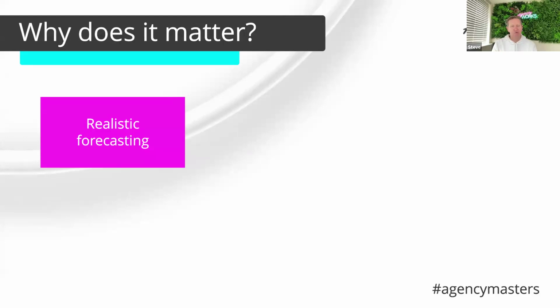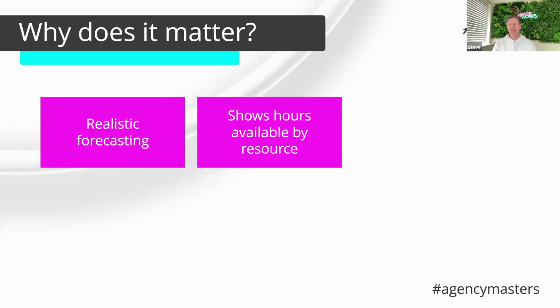Whether that's forecasting for income, capacity or revenue, you need to know what you have available so you can forecast them. And that leads into showing available hours by resource. We'll look at how we calculate this a little bit later on, but we need to know how many hours we have to deliver or sell for each team or each resource. If we do know this, then it can help drive our capacity and revenue forecasting.